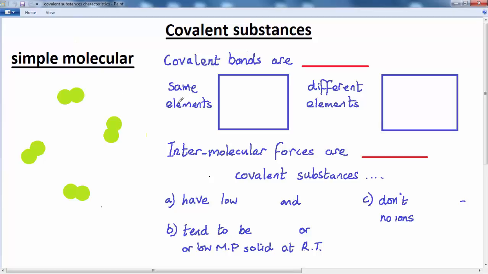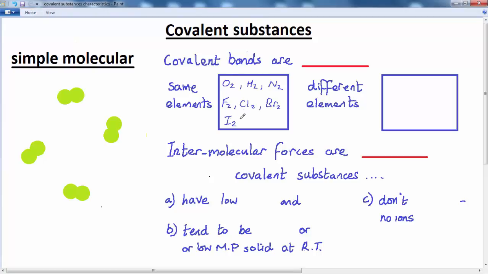Now, these molecules could be the same elements, for example, oxygen, hydrogen, nitrogen, and then the halogens, for example, fluorine, chlorine, bromine, and then iodine.